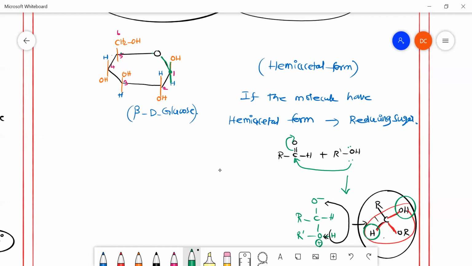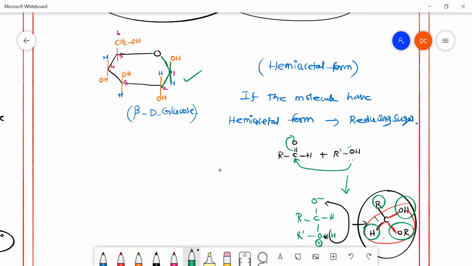And the OR group will also be there, and here directly attached with one more carbon, that is also OR. So the hemiacetal form is available here. That is what? Beta D glucose is a reducing sugar. Is that clear, Kana? Beta D glucose is a reducing sugar. Very, very important one. Beta D glucose is a reducing sugar.